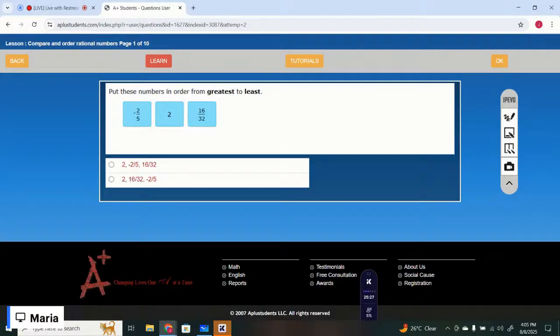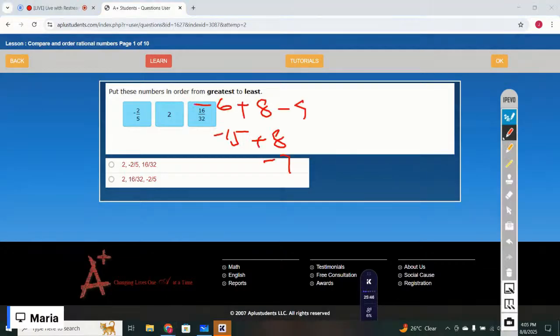Put these numbers in order from greatest to least. So we need to write down these numbers in order from greatest to least. So negative 2 by 5, 2 and 16 over 32. So negative numbers are always less than the positive numbers.